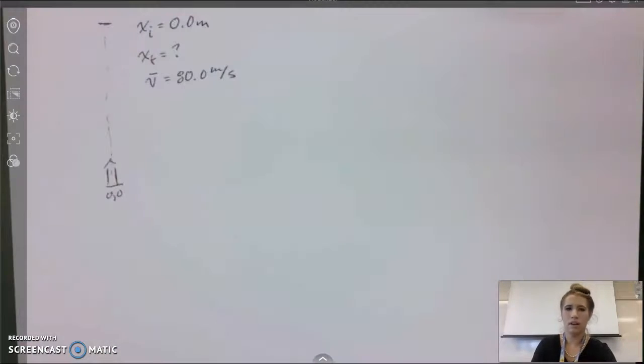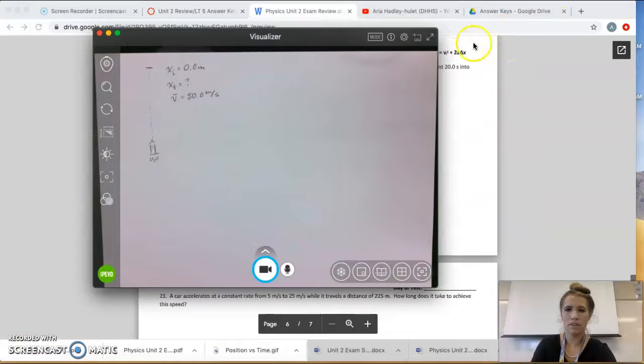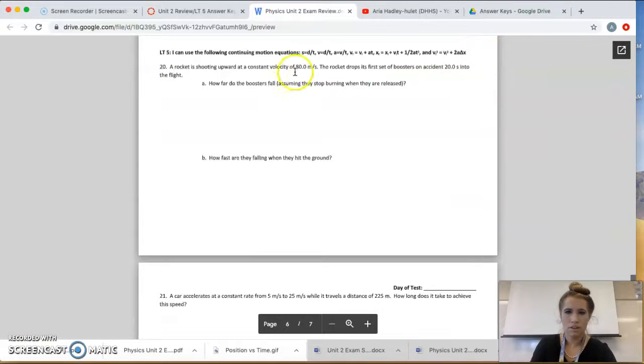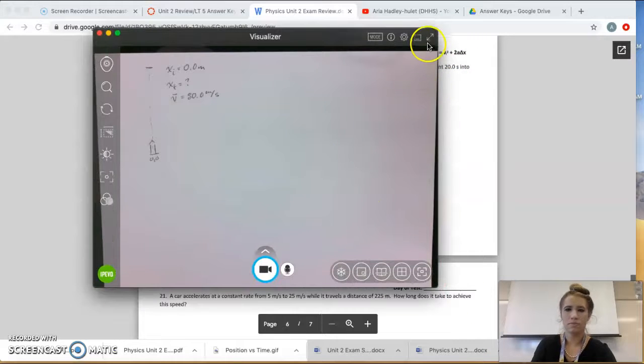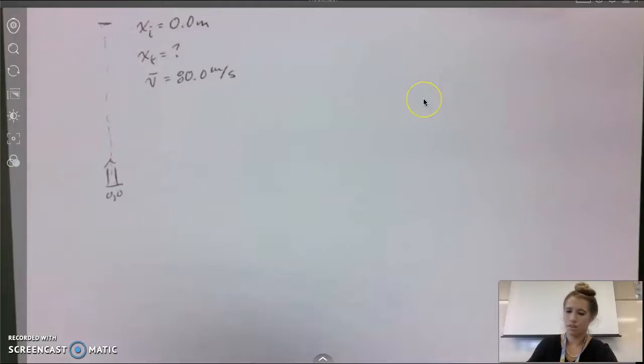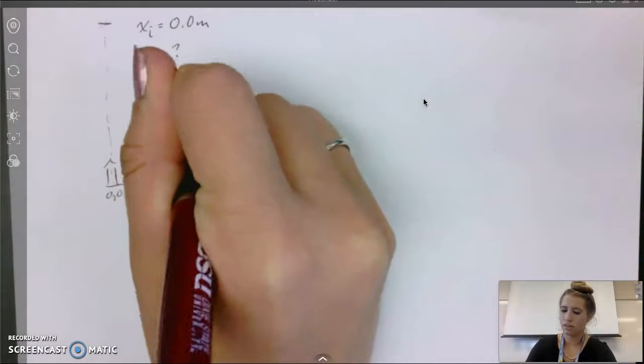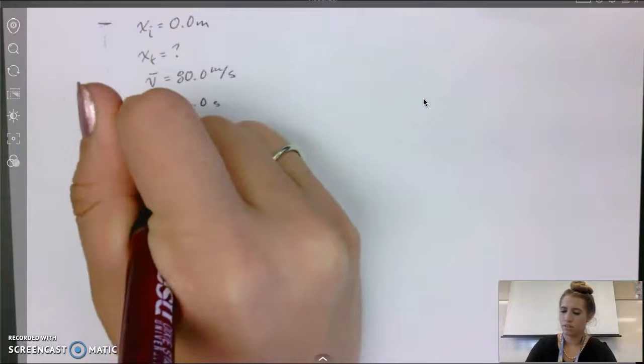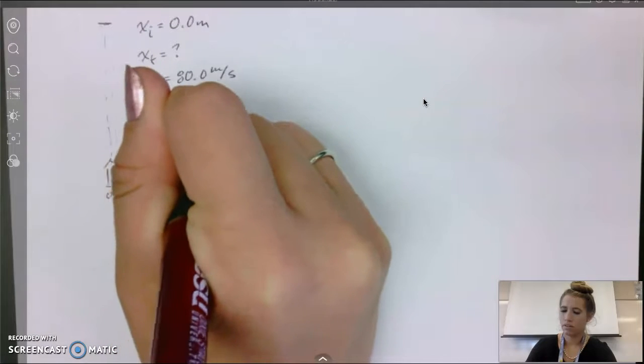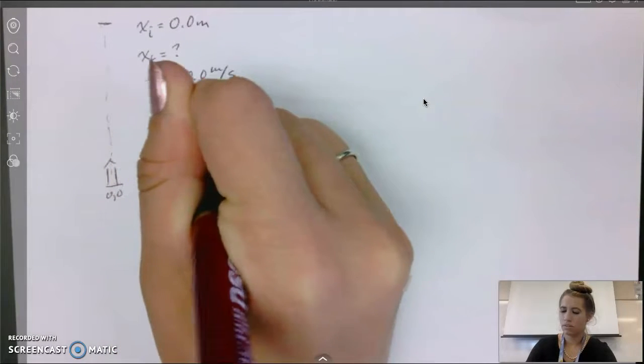Okay, so that was an average, and then let's just remind myself. So we have 80 meters per second, and then it was after 20 seconds into the flight. Okay, so time initial is just 0 seconds. Time final is 20 seconds.